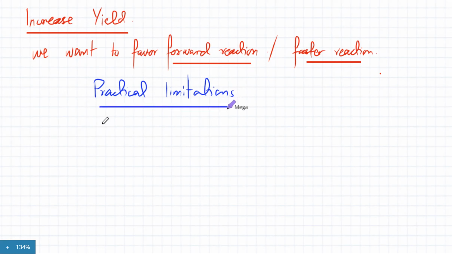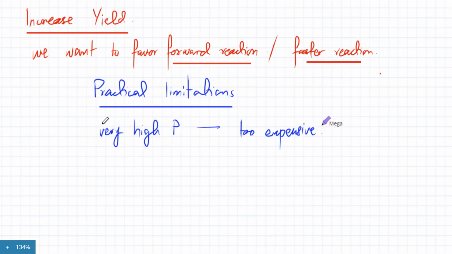So the practical limitation is you can't have a very high pressure. That's the first one. That is going to be too expensive. You did a lot of this stuff in O-levels, and we'll practice a few more questions this time.